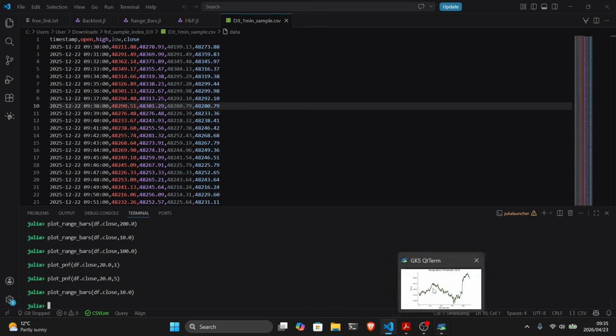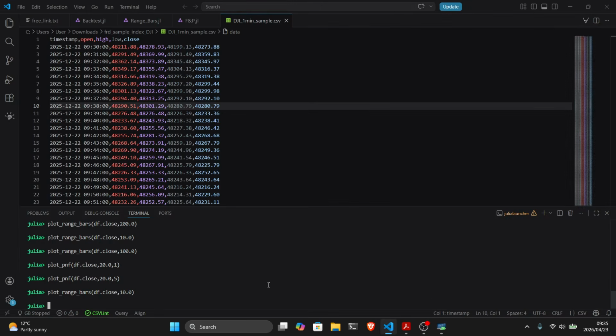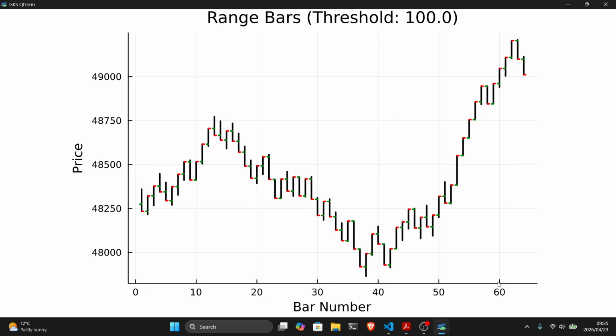Okay, it's done compiling. Now, as you can see, the threshold is 10, and when you look at the movement of the market, it's all over the place, right? We have 1,000 bars, and it's very chaotic, very noisy. But what happens when we increase the threshold? We go from 10 to 100, and all of a sudden, we have about 60 bars left, right?